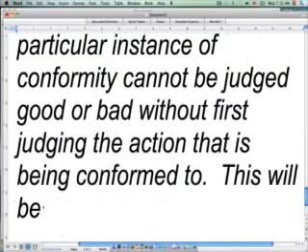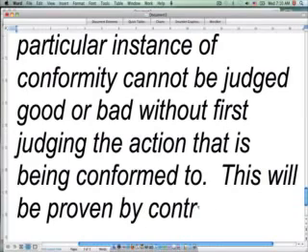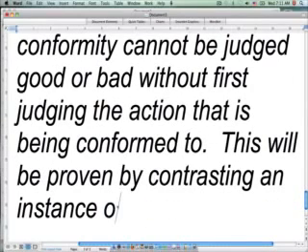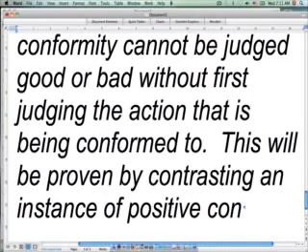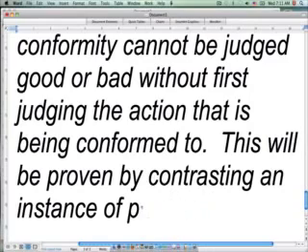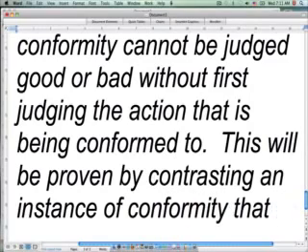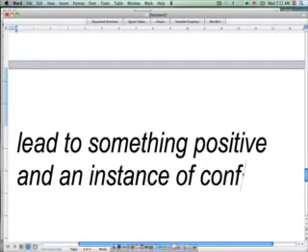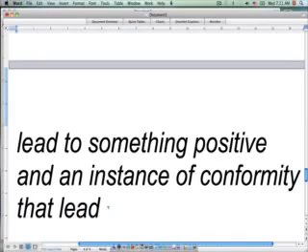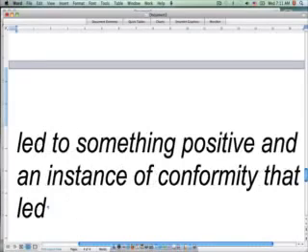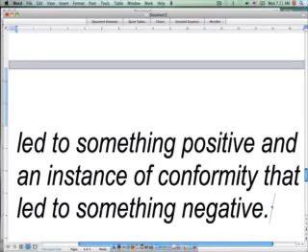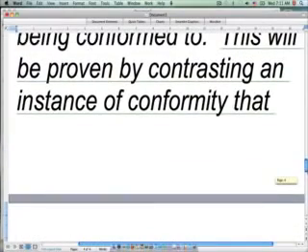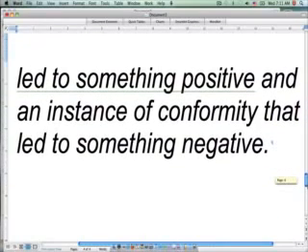So let's say this will be proven by contrasting an instance of conformity that led to something positive, and an instance of conformity that led to something negative.